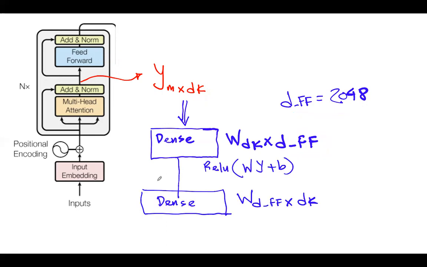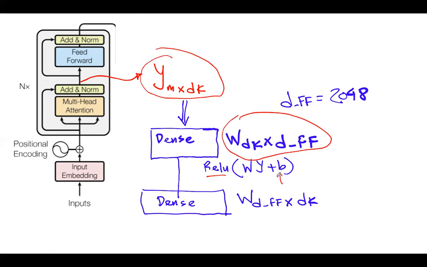So once you have a dense layer, don't forget to put a ReLU on top of this matrix multiplication. You're multiplying this guy with this guy, and you have a bias term, and then you put a ReLU. That's the output you get after the first dense layer. In the second dense layer of this feed-forward network, we transform this 2048 dimensional feature back to our good old dk.